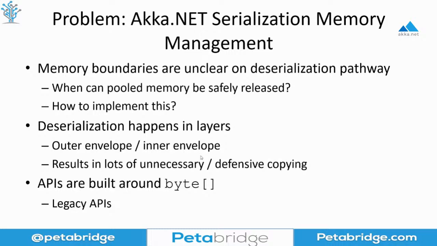And then the last issue is more of an API management and design problem, which is that when we originally designed these APIs back in like 2013, 2014, they were all built around byte arrays, because it was either that or basically array segments. That was all that was in the market for .NET at the time.